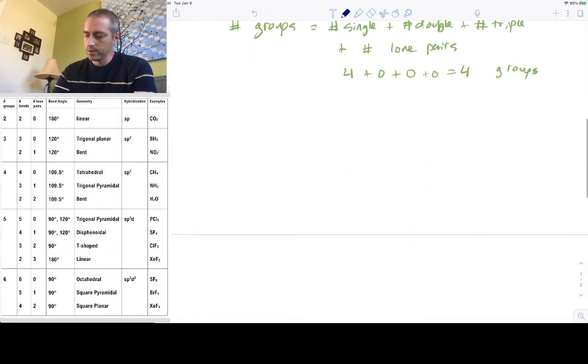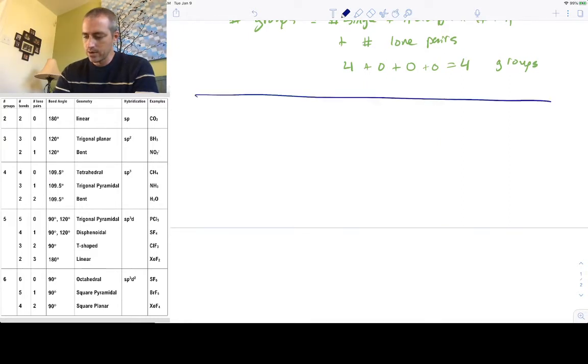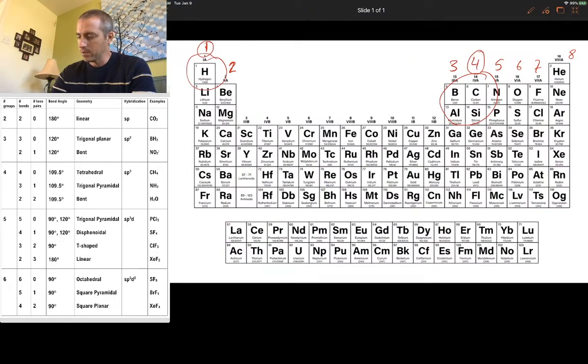We're going to do an additional one now, number 2, which is going to be nitrogen tribromide, NBr3. Okay, so first thing we need to do is go back to our periodic table. I'm going to delete my marks from before. Remember that the number of valence electrons goes 1, 2, 3, 4, 5, 6, 7, 8.